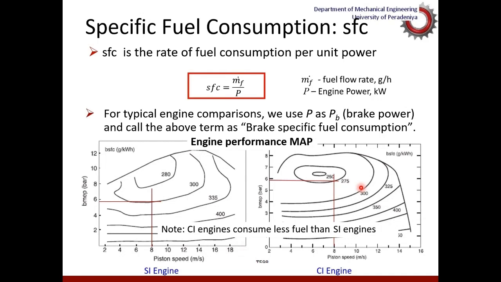As we said earlier, the compression ratio of diesel engines is much more than the compression ratio of practical spark ignition engines. And the compression ratio is directly related to the fuel conversion or thermal efficiency. Therefore, because of this high compression ratio, you could see better performance in terms of thermal efficiency or specific fuel consumption in compression ignition engines.